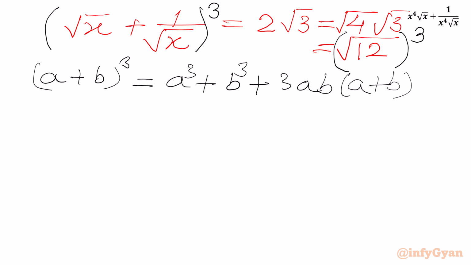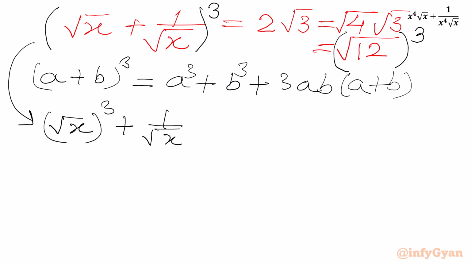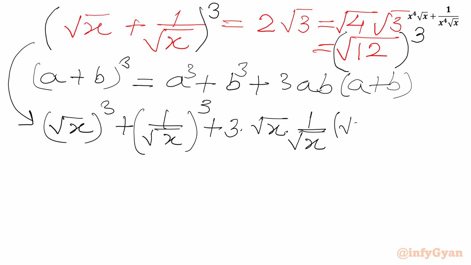So in LHS, we will write square root x whole cube plus 1 over square root x whole cube, plus 3 times square root x times 1 over square root x, and then in bracket root x plus 1 over square root x.